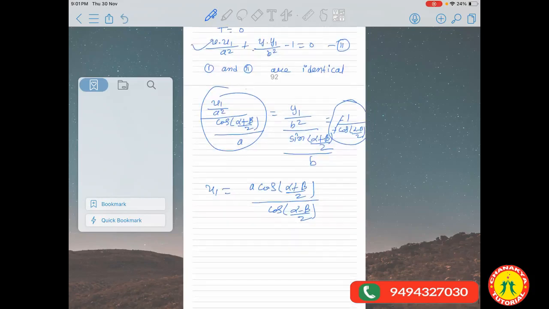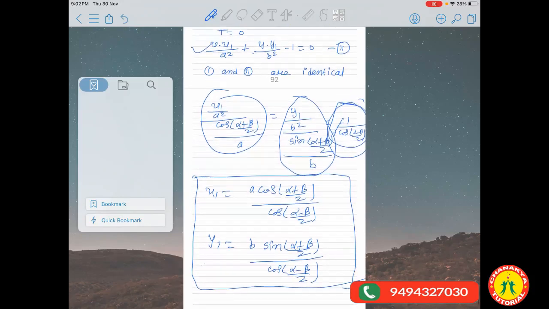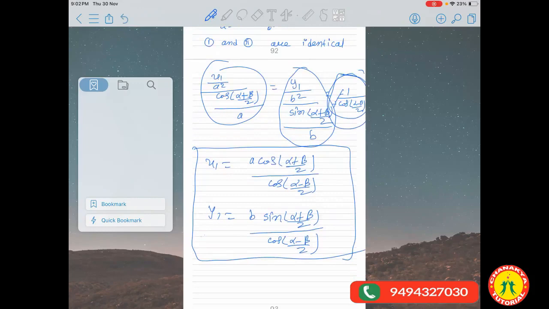So take this and this. Now we get y1 equal to b sin alpha plus beta by 2 upon cos alpha minus beta by 2. Right, so you had to prove that the point of intersection x1, y1 is a cos alpha plus beta by 2 upon cos alpha minus beta by 2, and y1 will be this. So it is proved.